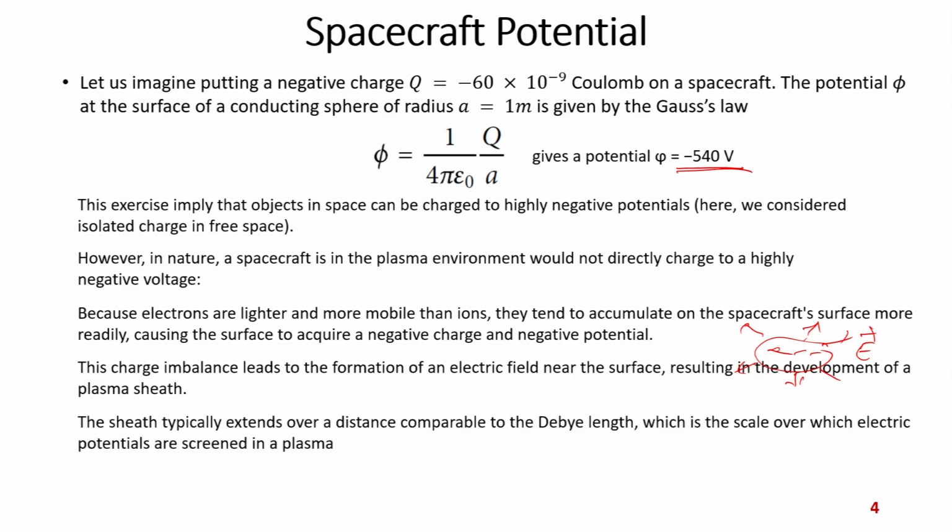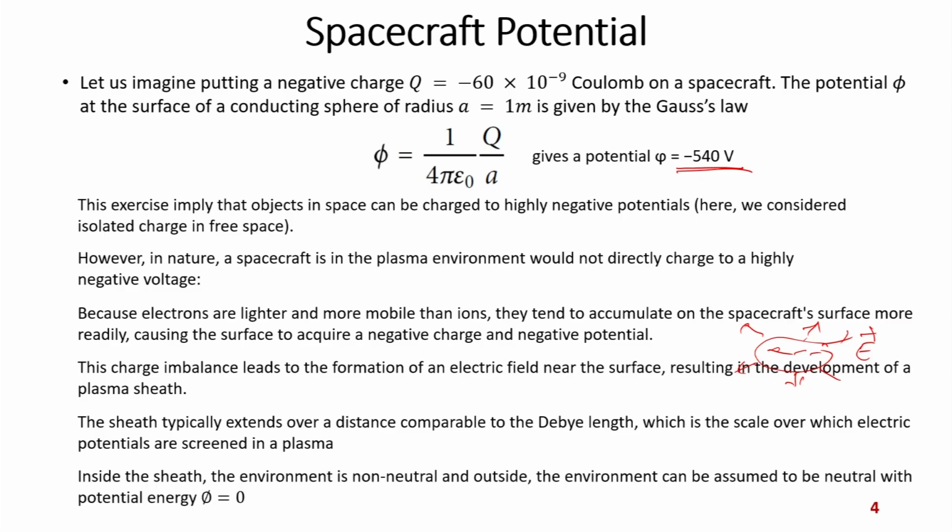Now, another thing: whenever the spacecraft acquires the negative charge, the environment surrounding the spacecraft is non-neutral. But beyond the sheath, this environment is neutral. Though the gas is charged, it is neutral because of the nature of the plasma.